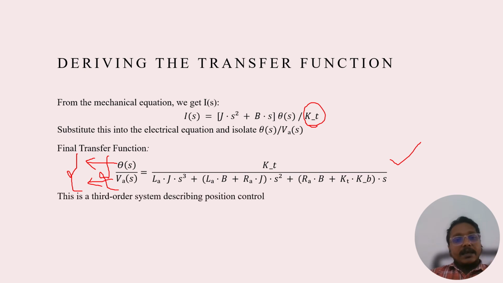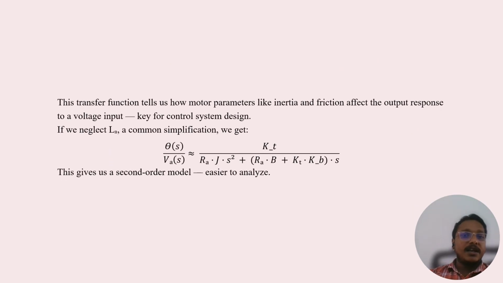Now if you see, s cubed is there. S cubed means it is a third order function. The highest degree of s is called the order of the system. So this is a third order system describing the position control. For a third order system, we need to reduce the transfer function.